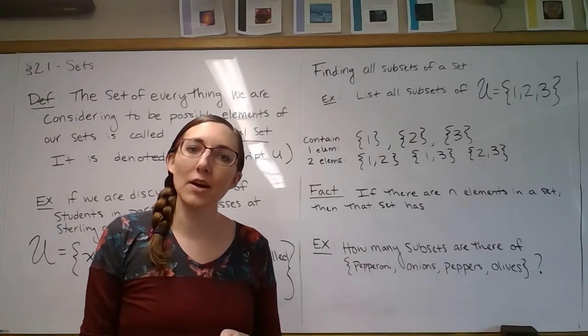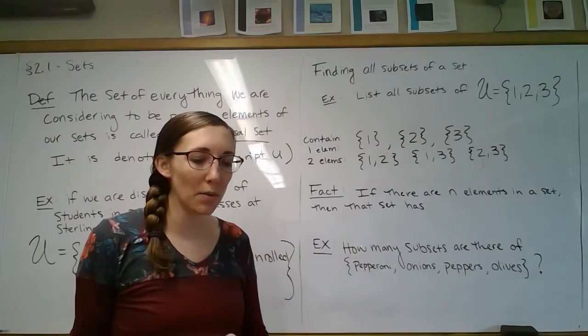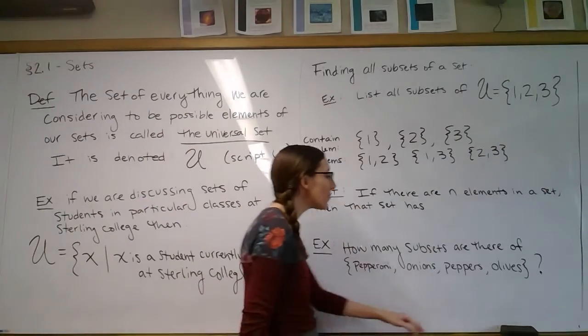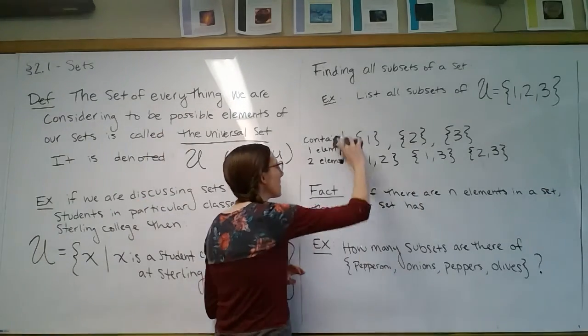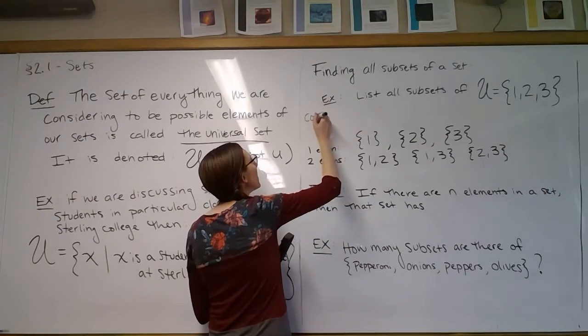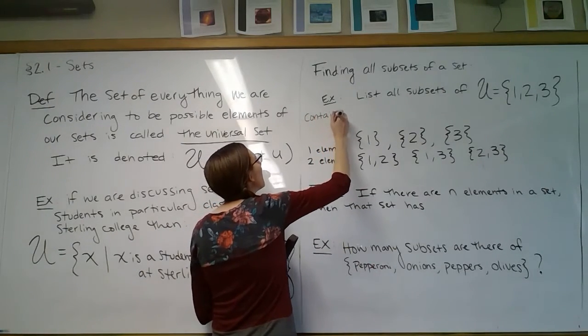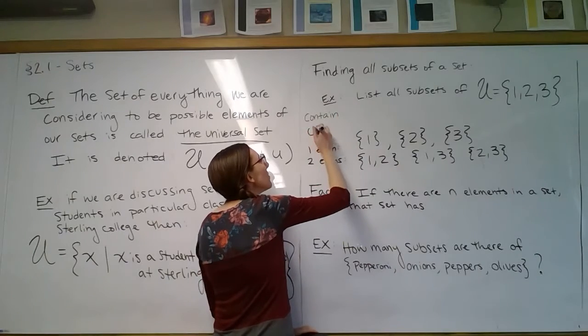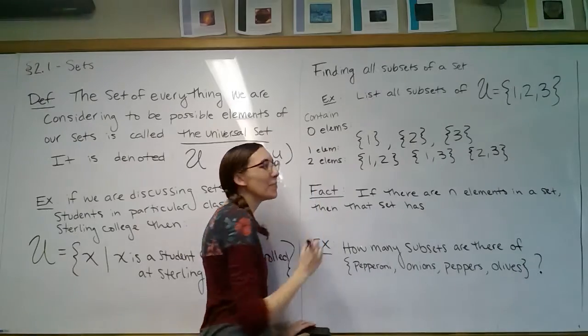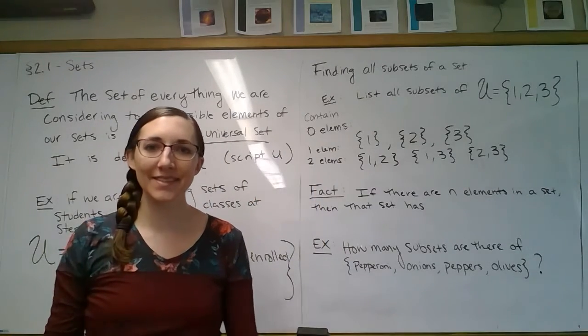But then remember, there are still more options. I didn't start with it in this one, but normally I would start with it because it's a tricky one to remember. Remember, you can always pick no elements.